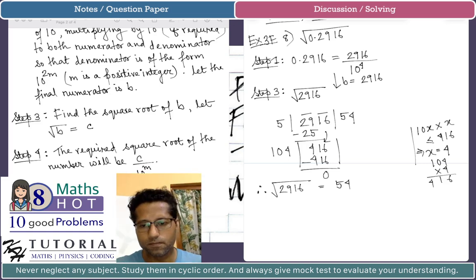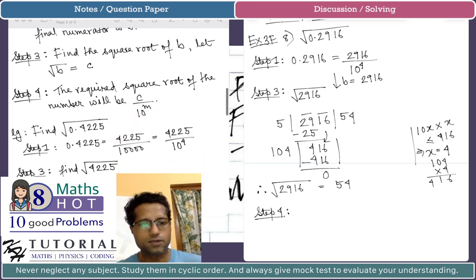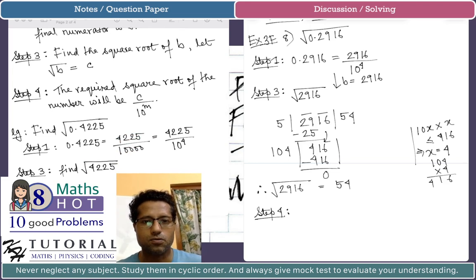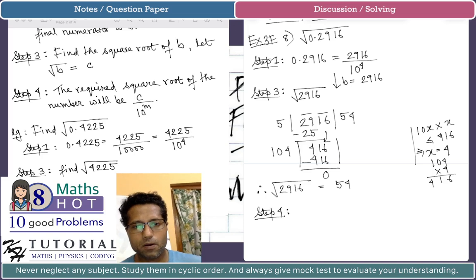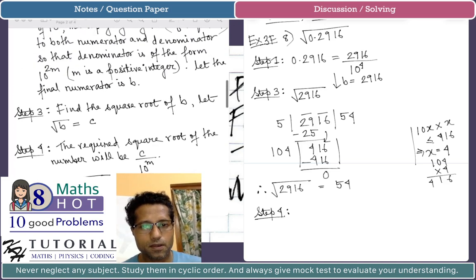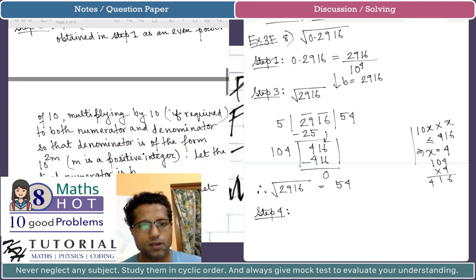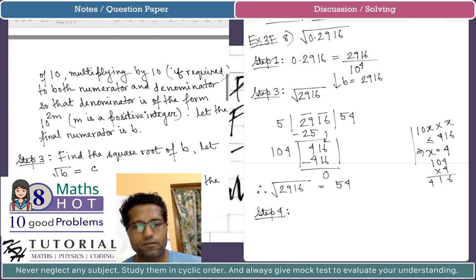Now what is step 4? As per my notes, step 4 is the last step where we find the final square root. Can you see my notes? The required square root of the number will be c divided by 10 to the power m, where c is the square root that you found in step 3. Remember, after step 2 the denominator was an even power of 10.